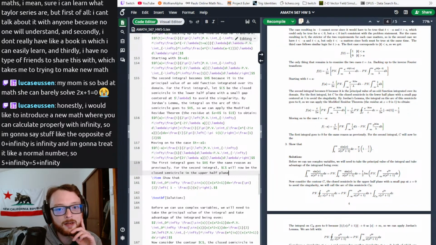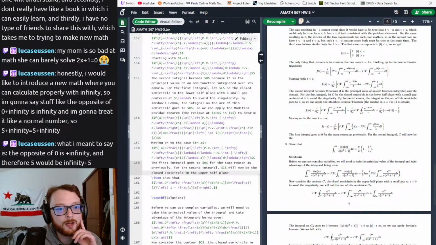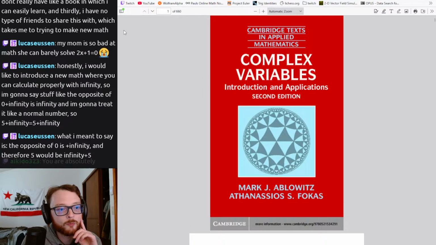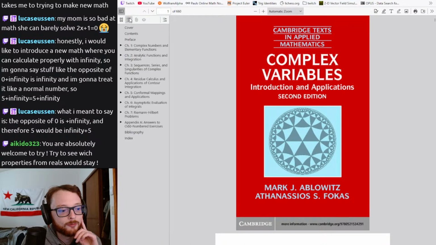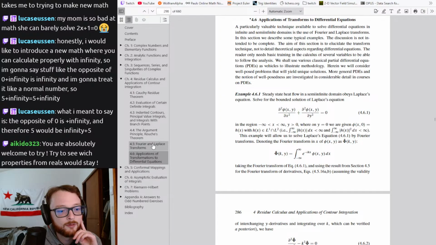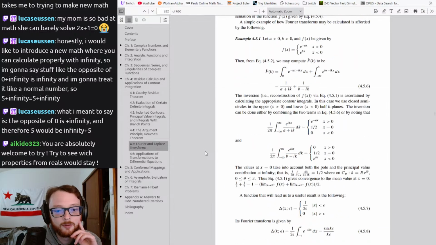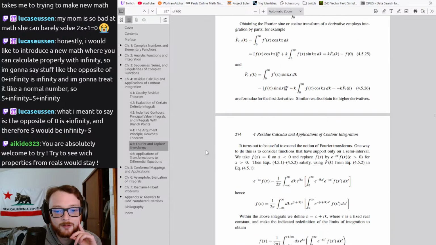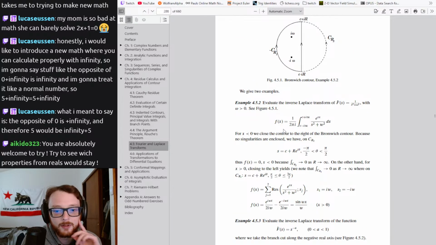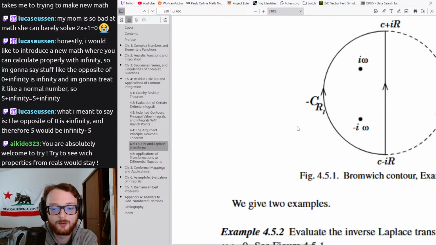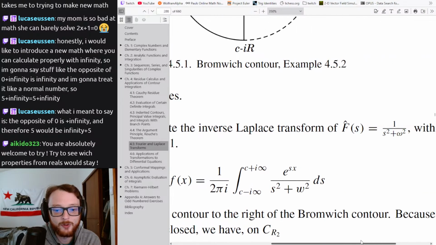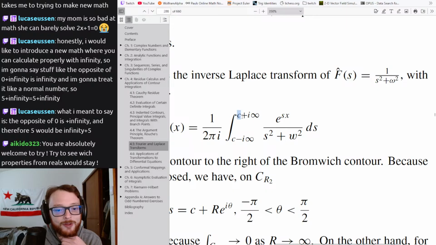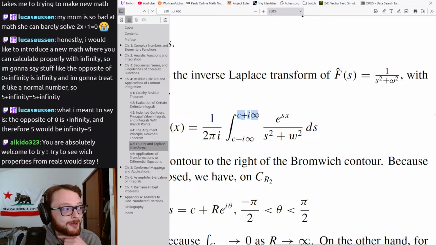It is kind of funny, with the stuff that I'm doing right now with complex analysis, we sometimes get integrals. Let me find it. Here we go. Sometimes we deal with numbers like some constant c plus i times infinity.